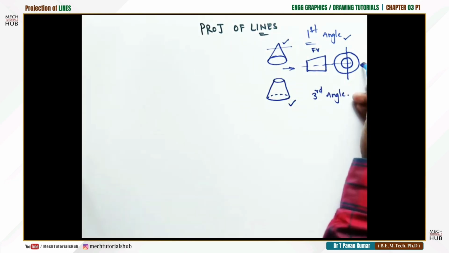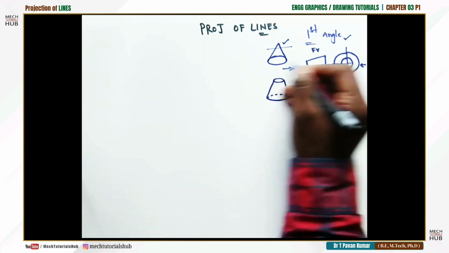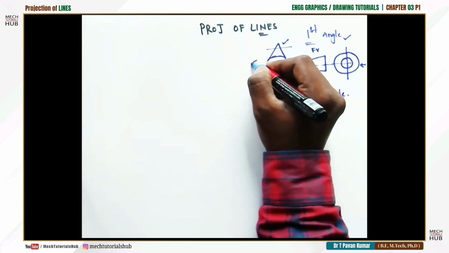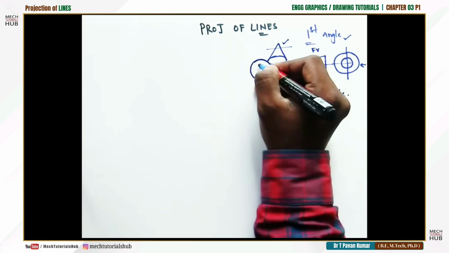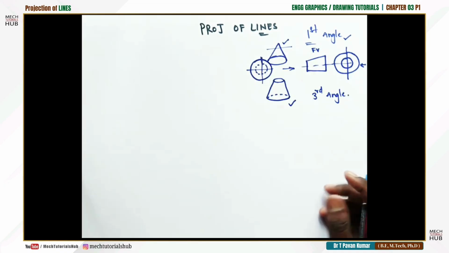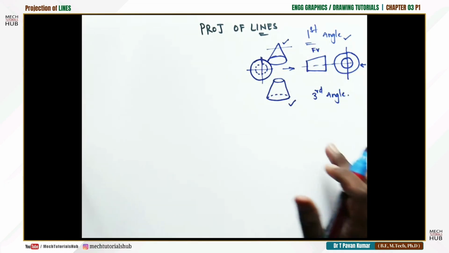Similarly, whatever is visible from the right, I draw towards the left side. Here I could see a bigger circle concentrically, and the smaller circle becomes invisible. This is how we draw in first angle projection.